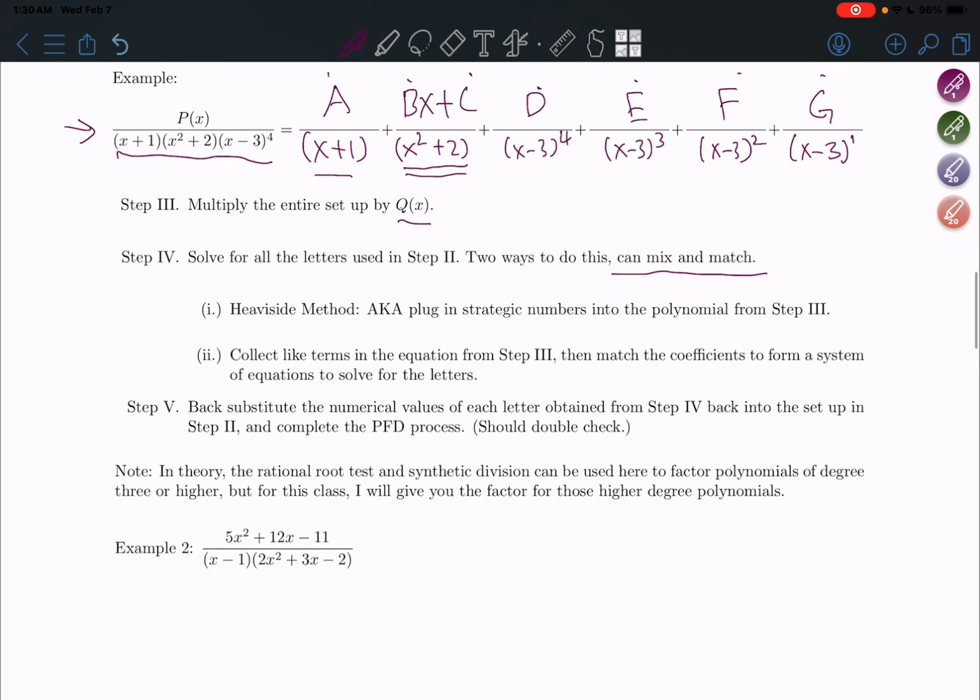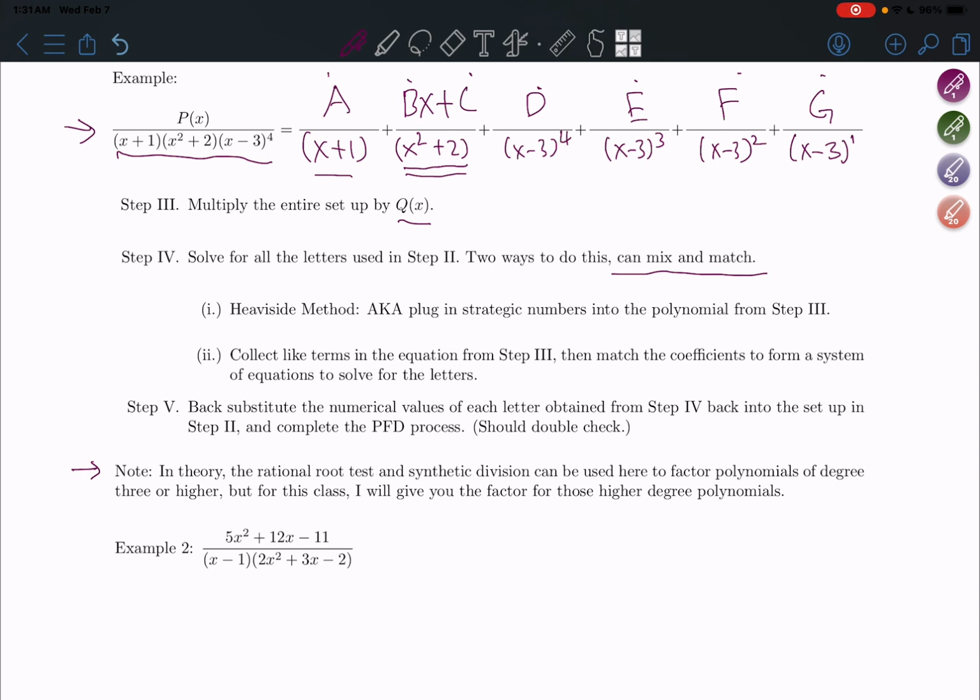Anyways, there's one kind of small detail here. Look at this note here. Theoretically, you have to remember the rational root test and synthetic division. You should go back and maybe revisit those a little bit to help you factor anything that's degree 3 or higher.